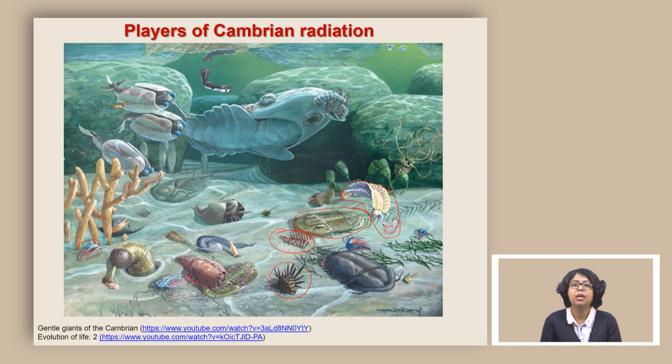Even in modern day, if we look at some of the very primitive organisms such as sponges, they primarily feed through suspension feeding. What that means is they take the water from outside through the pores and then take the nutrients from this and then exhale the water out.